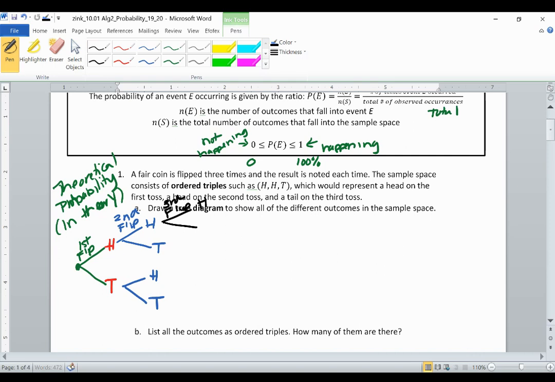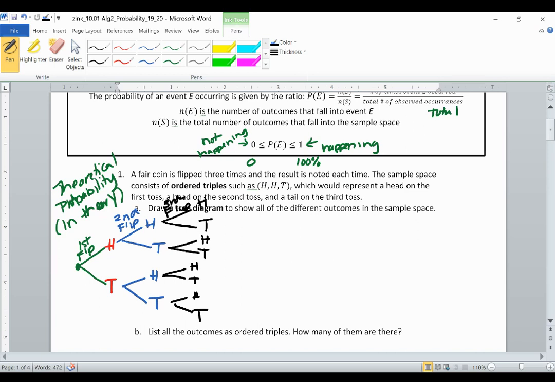I could get heads on the third, or I could get tails. If I got heads on the first, tails on the second, I could get heads or tails on the third. And the same for these. So the red is your first flip, blue is your second flip, black is your third flip.